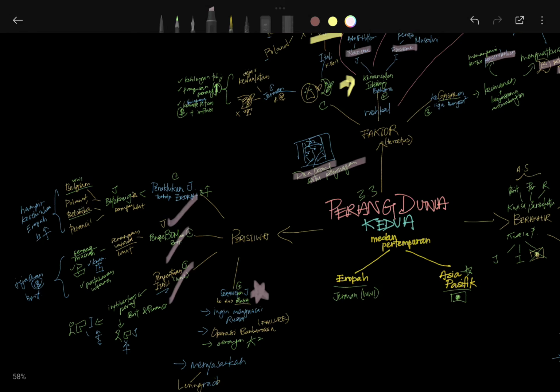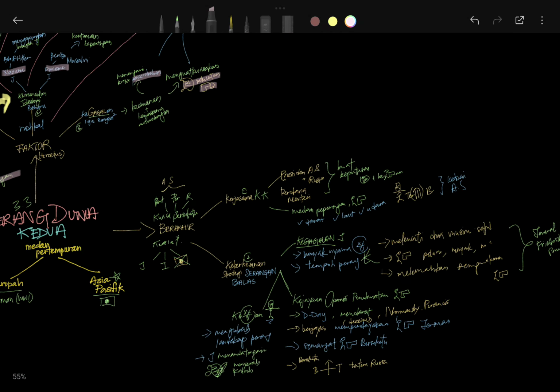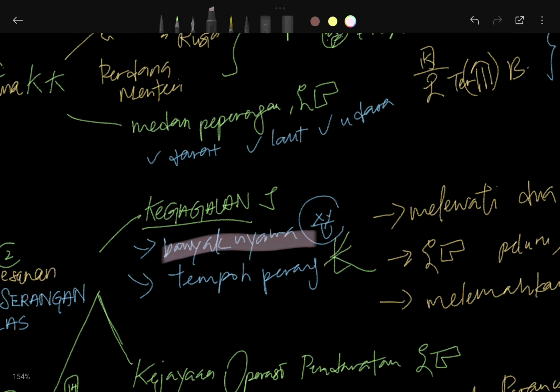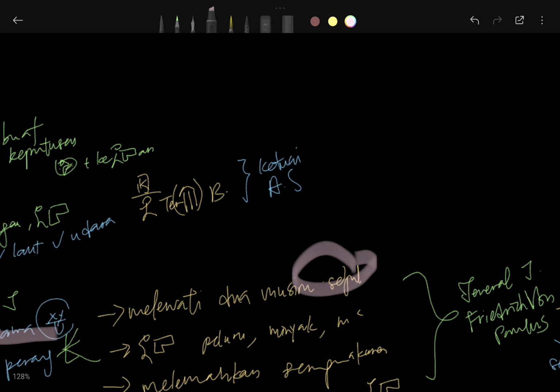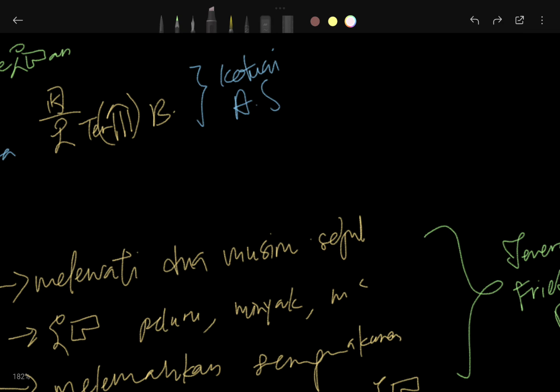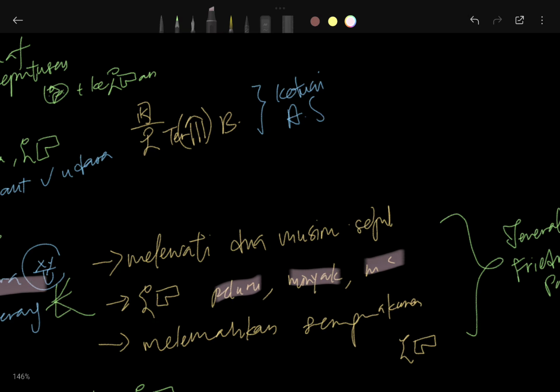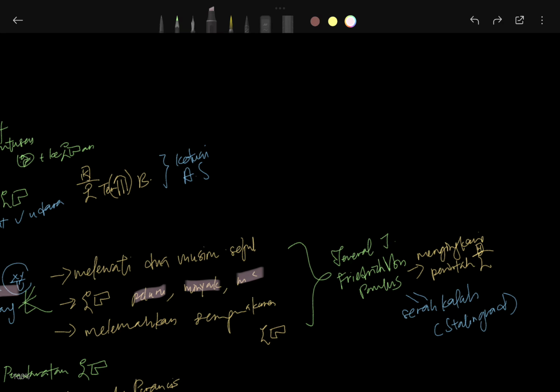With the Operasi Barbarossa, that in the end failed because mereka menghilang banyak nyawa, melewati 2 musim sejuk because of the weather, and they were losing food, oil, and bullets, and thus this melemahkan their semangat. The soldiers, they were tired, okay?